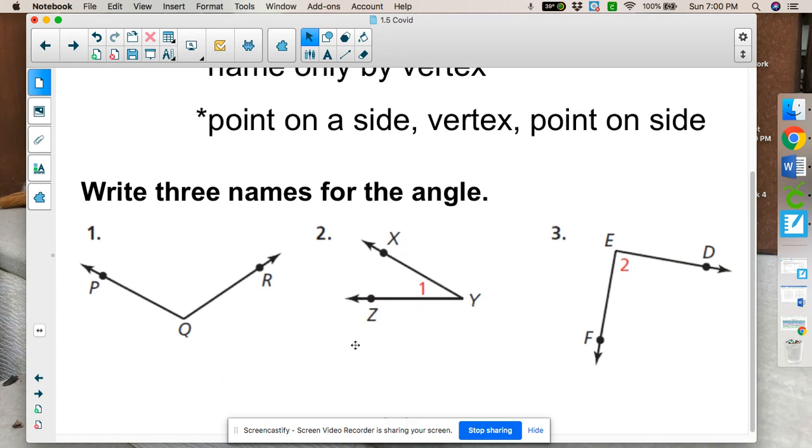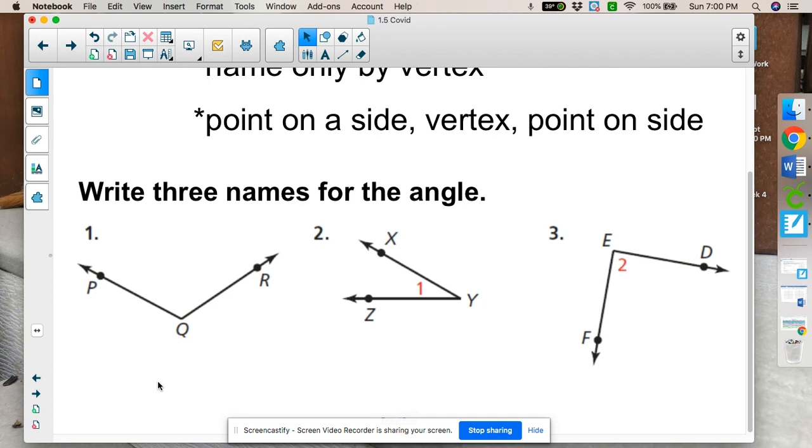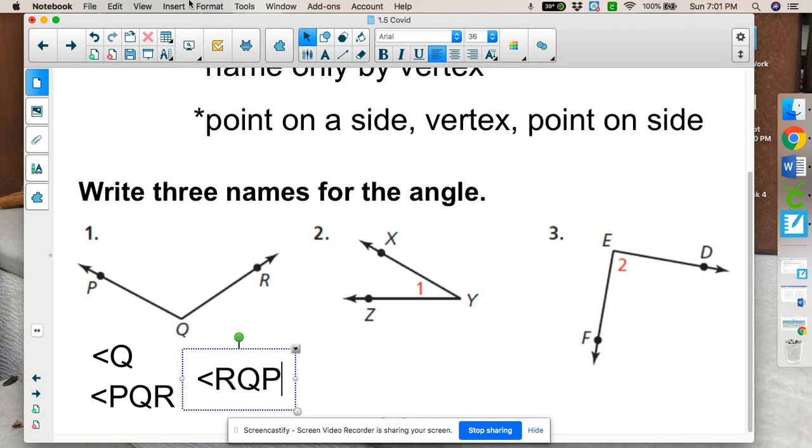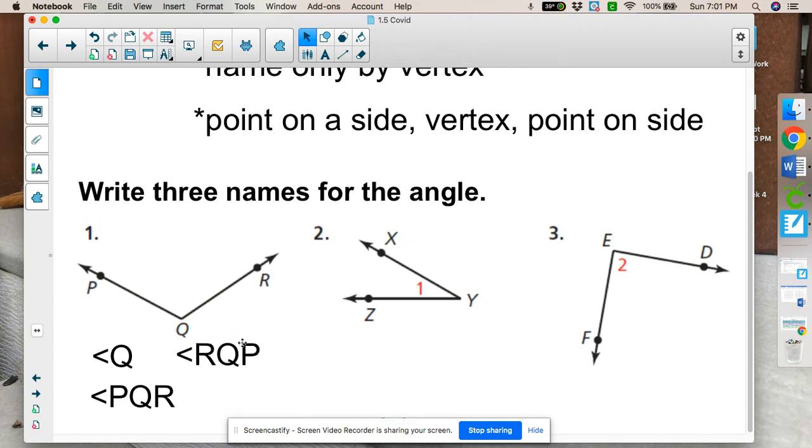If I were naming this angle number 1, I could name it angle Q, and that's the sign for angle, that little sideways V, because I'm just naming it by its vertex. I could name it angle PQR. I'm starting with point P, which is on one side of the angle, point Q is the vertex, and then point R is on the other side. Or I could name it angle RQP. These are the three different ways to name the angle right here.